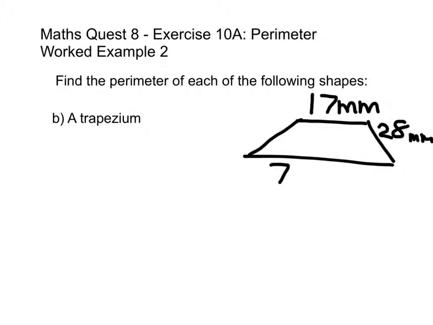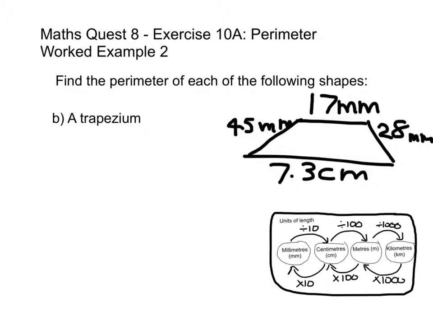This one's 7.3 centimeters. And this one is 45 millimeters. So you might have noticed there that all the measurements are in millimeters except for this one. So we've got to convert 7.3 centimeters to millimeters before we can add up the sides.